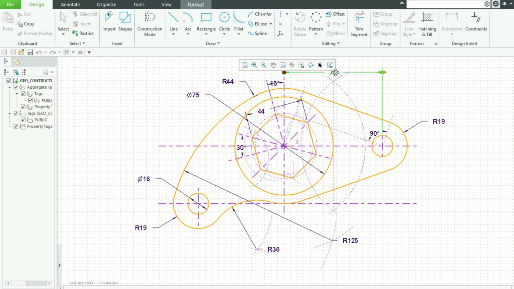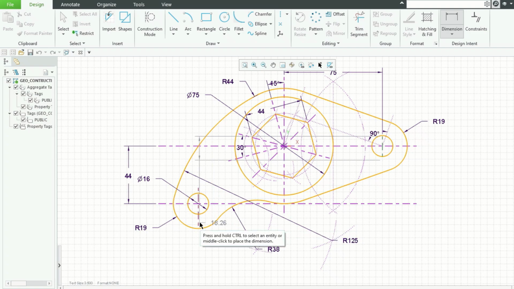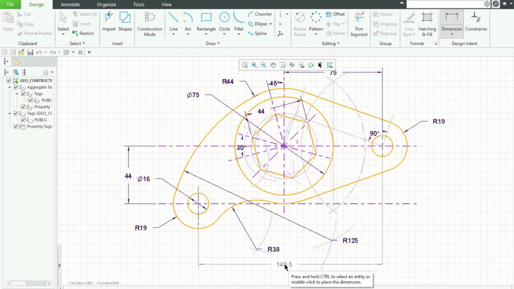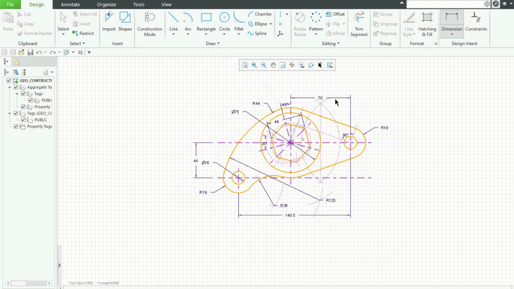And from this to this, it is 44 mm. From this to this offset is 140. Rest all is done perfectly.